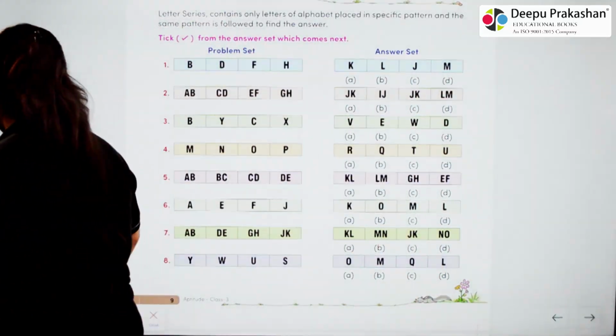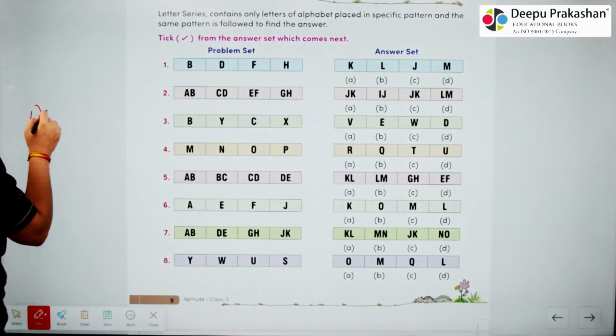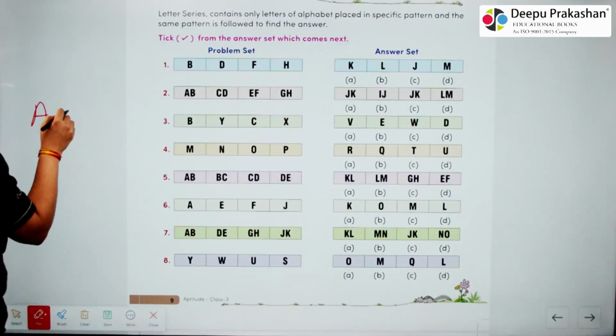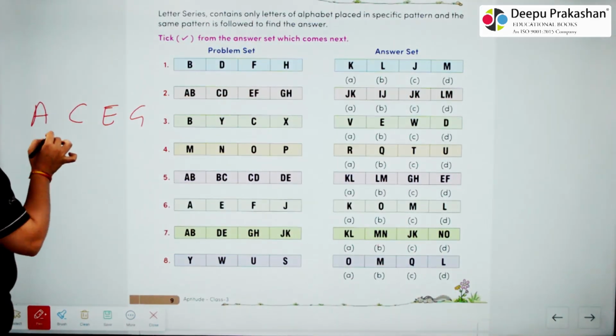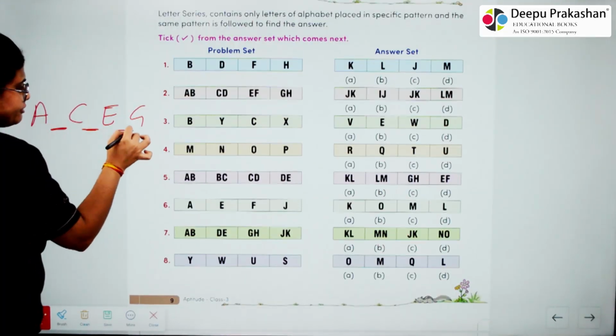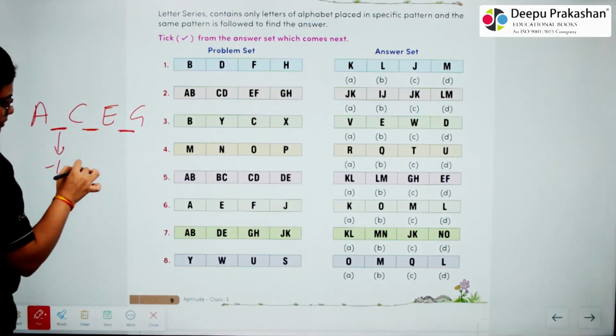Suppose we are given a series like A, C, E, G. Here, if we see the pattern, the difference is of one alphabet.